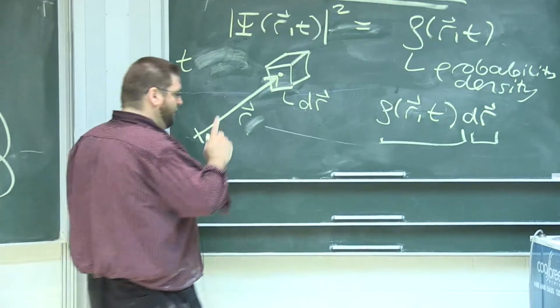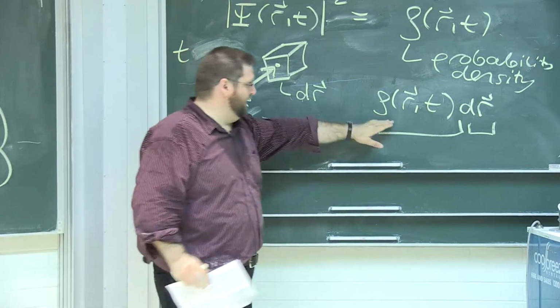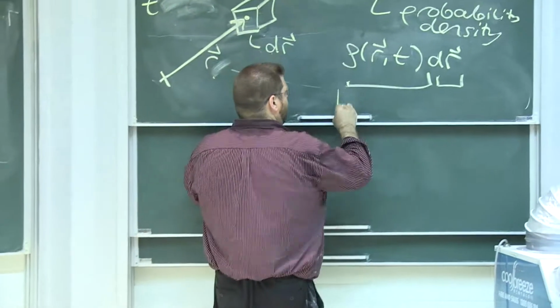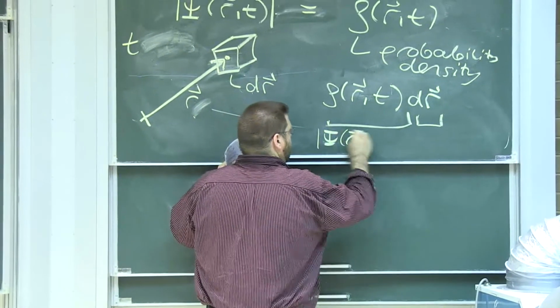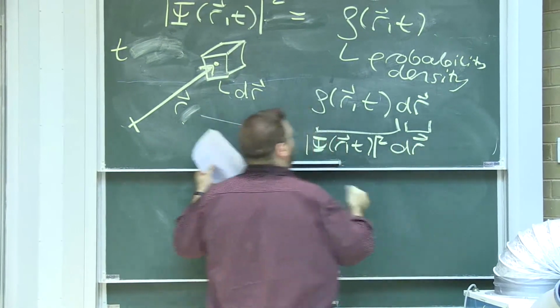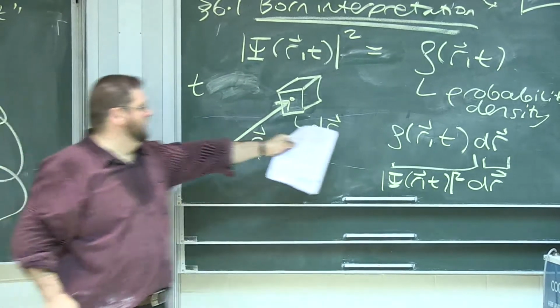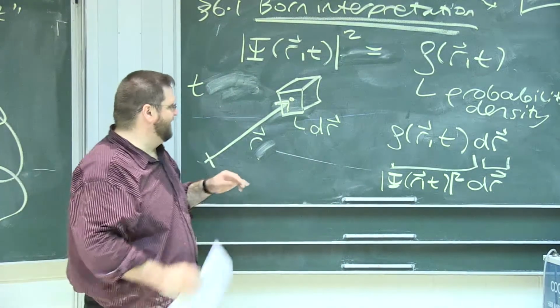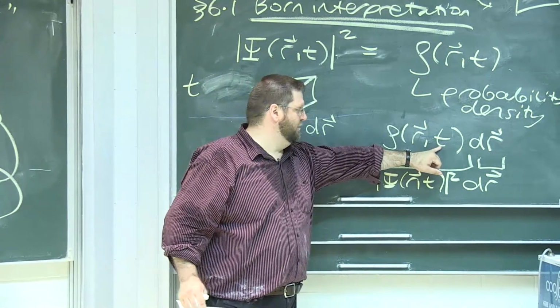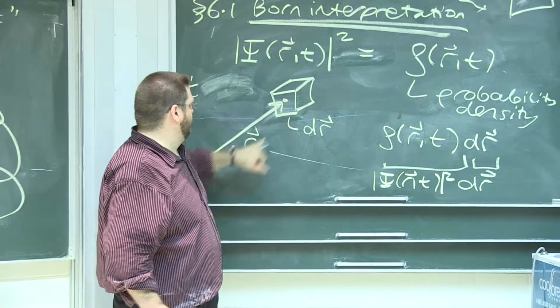Probability of what? This is the Born interpretation. This object here, which is the same thing as the magnitude squared of the wave function, times dr, is the probability of finding an electron at this time in a little box of volume dr centred at this position r.